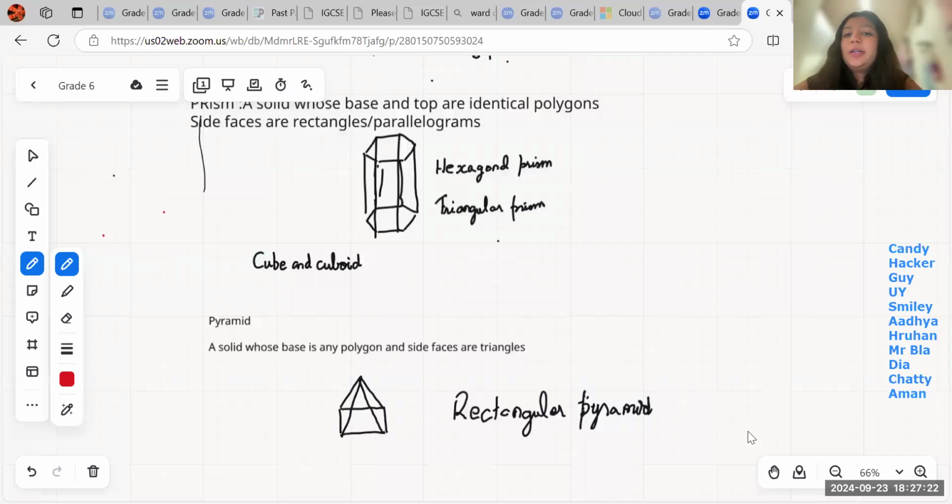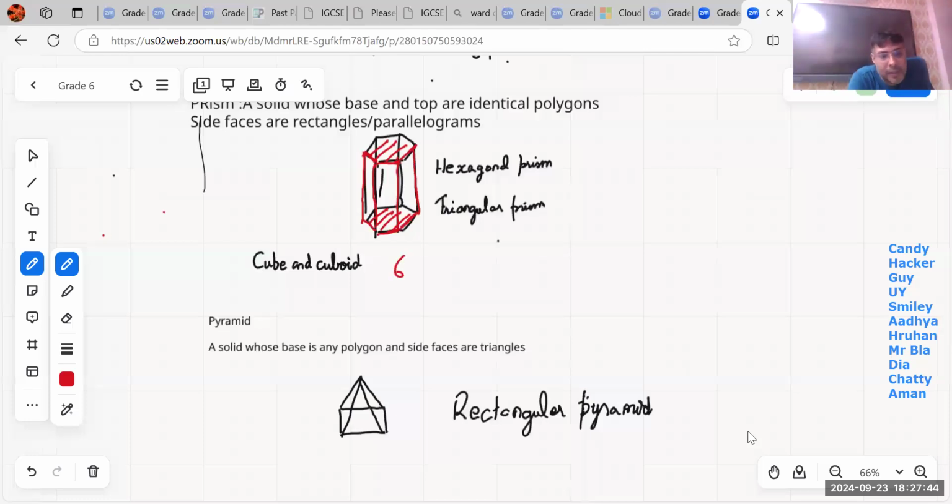Sir, 8. 8 is correct. So one at the top, one at the base, and from every edge I have one face. Can you see? Sir, I thought octagon. Understood? So 8 faces of this.